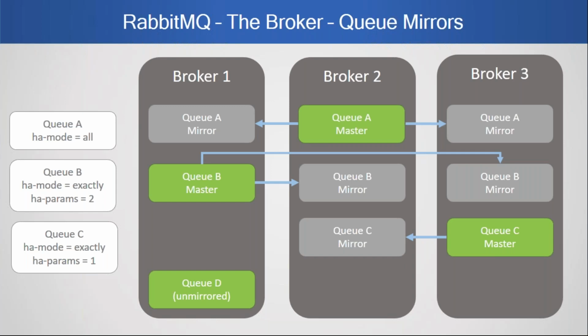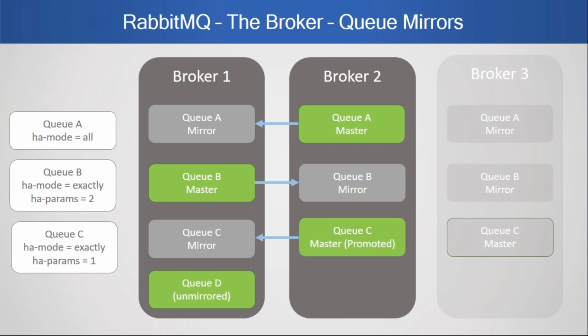All messages get written to the master and all messages are read from the master. The mirrors are just there for redundancy and for failover. When we have HA mode all, we have mirrors or a master on every node. Or we can say exactly 2, like in QB, or exactly 1, like in QC, or an unmirrored queue, which is QD.